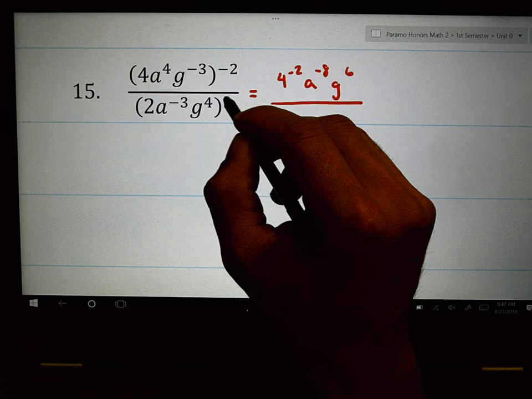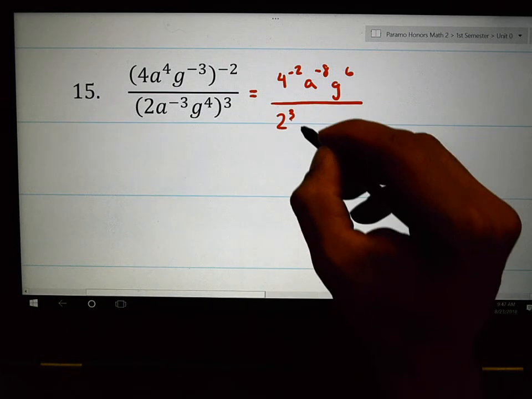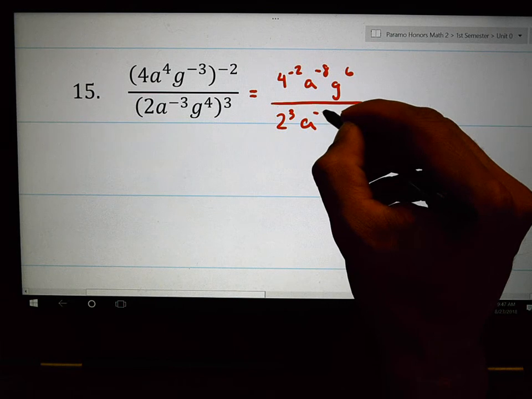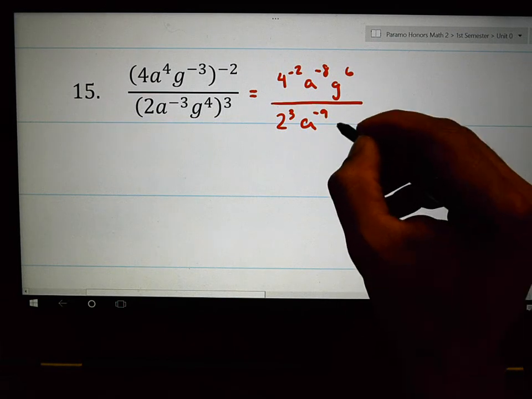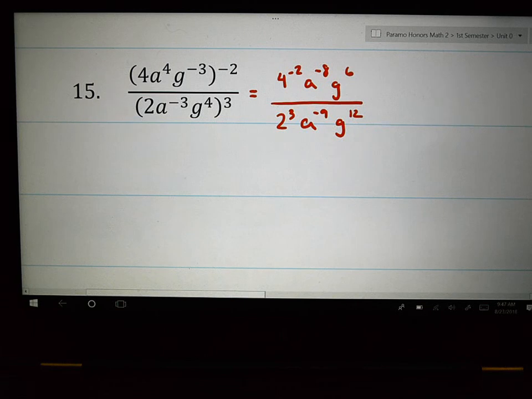2 to the 3rd power. A to the -9th power. G to the 12th power. Now that I have that, I'm going to move any negative exponents to the opposite place that they're in.